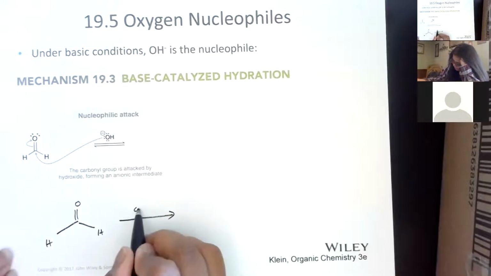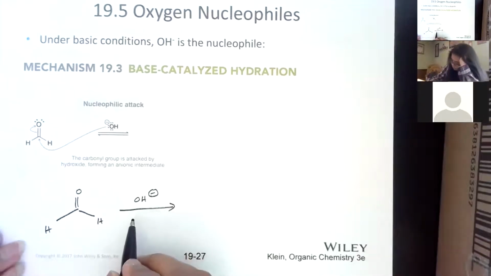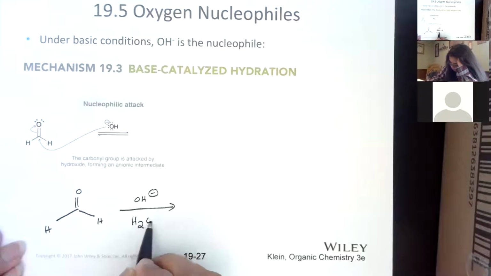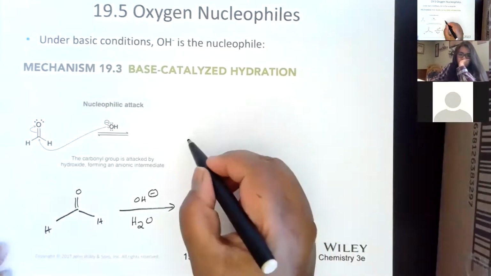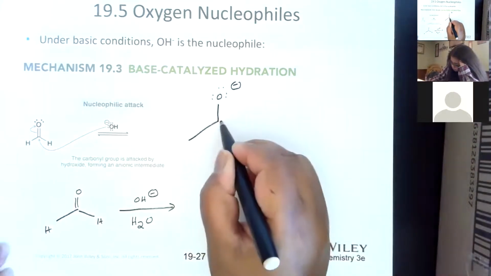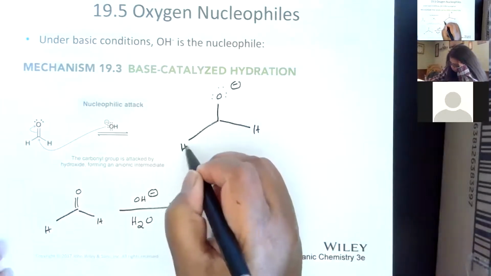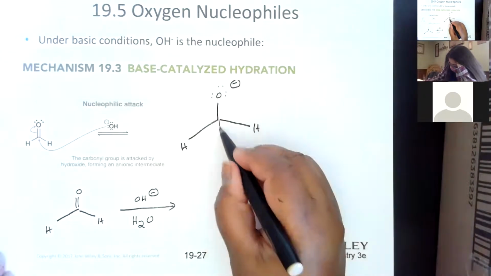You're going to have OH minus, the one that's providing the basic conditions. And then that's your water, which you will need later for proton transfer. So can we follow along? Now, because we are using water, OH minus can be the nucleophile that produces the group that you need.